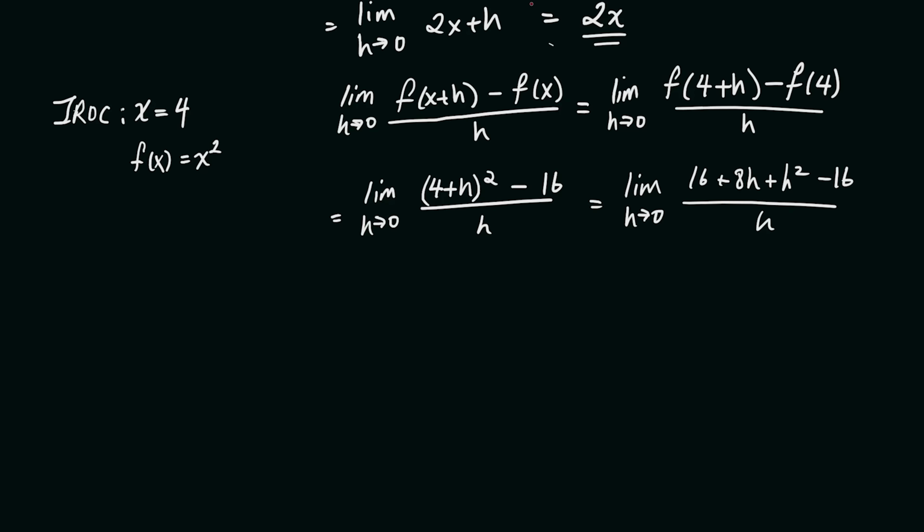Now we're going to do the same thing that we did before with all of the canceling out. 16 and the negative 16, they cancel out. The h cancels out and it becomes 1h, right? So now, once we finish evaluating this, the limit as h approaching 0 of 8 plus h, right?